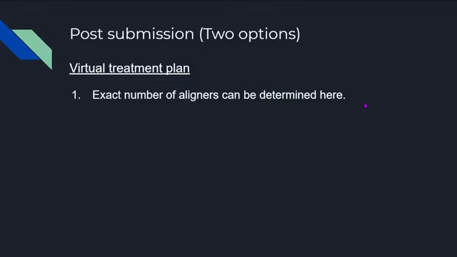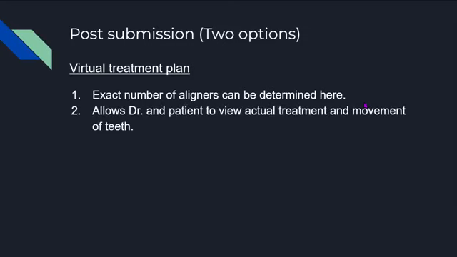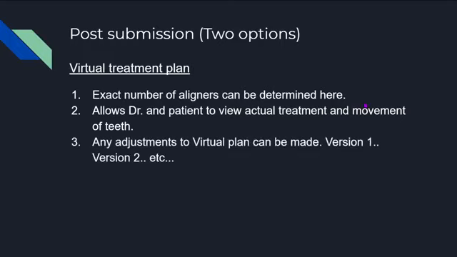As our orthodontist plans your orthodontic case, you will know exactly how many stages of aligners. This also allows doctors and patients to view the actual treatment and the movement of the teeth. It's a more visual aspect for the patient, so that the patient can see and expect what the outcome is going to be.